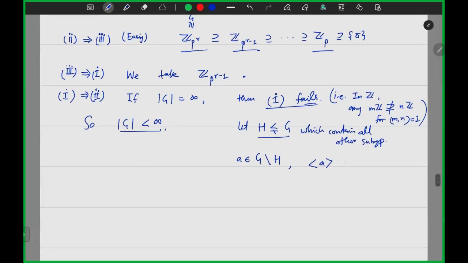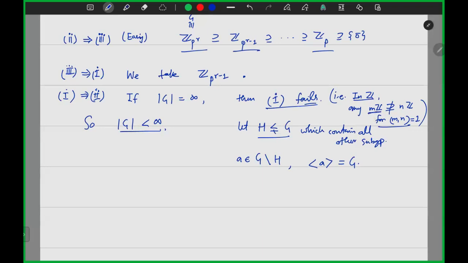Because this is not contained in H, what should it be? The entire set G, correct. This would be G. Now, once G is cyclic, G should be Z.